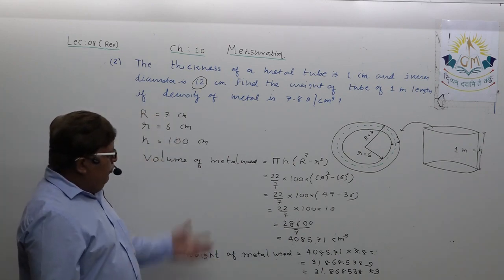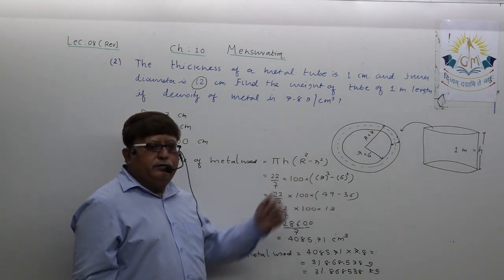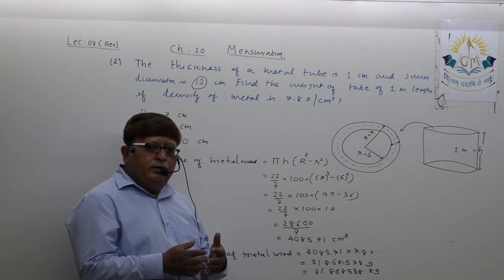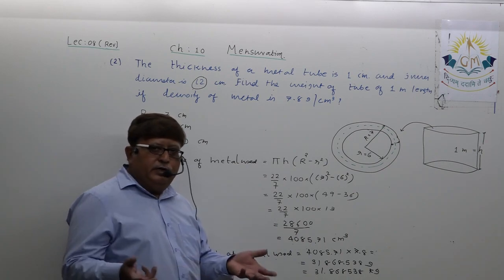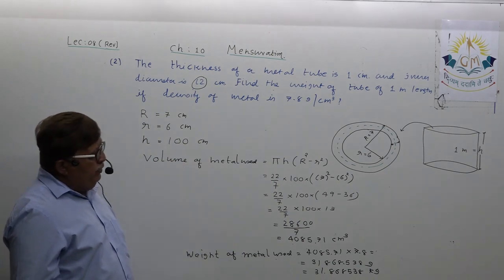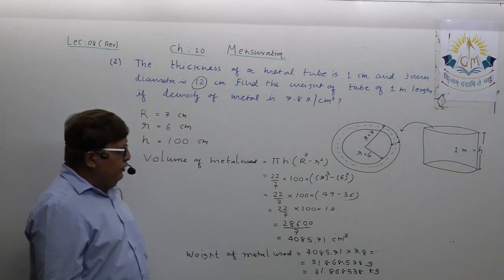Okay, so you will understand how to solve such a particular example. There is simply a question of finding external radius or internal radius. That is the only basic concept you need to make clear in your mind in solving such examples.